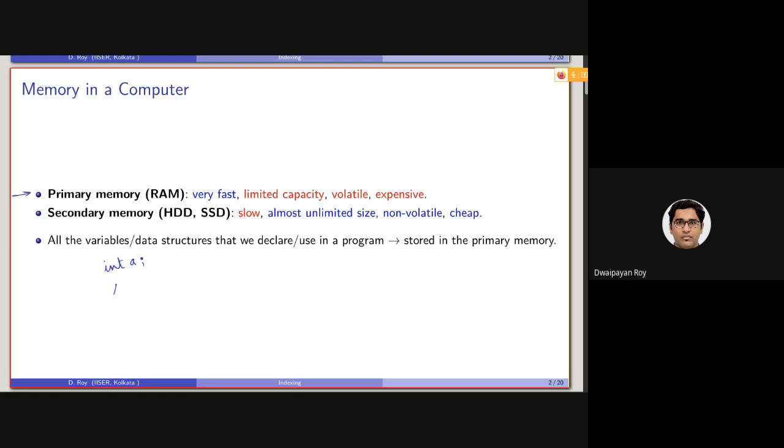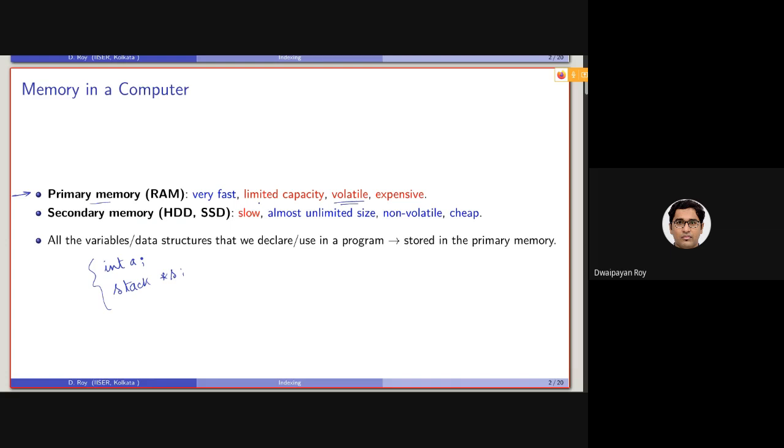So if we declare a structure with the name say stack, and a pointer to that stack, say stack star s, all these are actually being created in this primary memory, which means it will be gone after the power off of the system, because it will be basically reset.